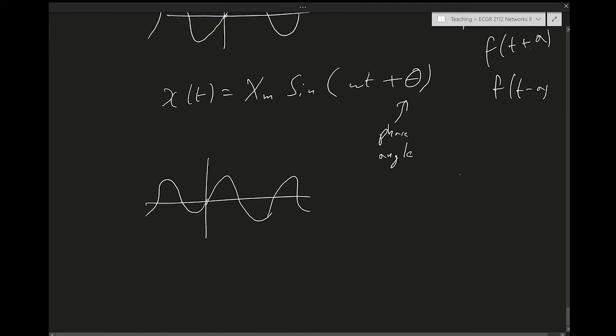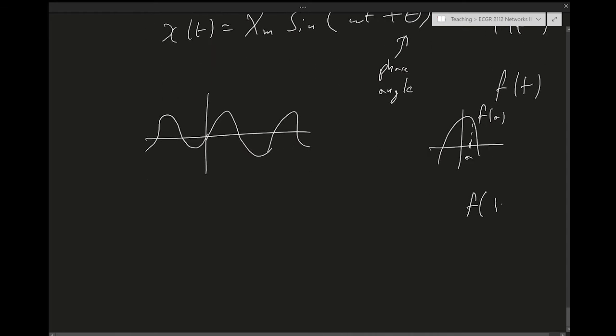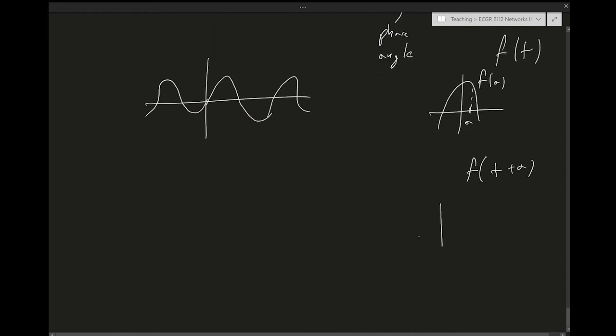So if I have this is f(t), and this is the point a, and I have f(a) here, f(t plus a) is simply going to be the function shifted to the left. So it's going to look like this. And what used to be f(a) is going to be at 0. So f(0) equals f old at a.